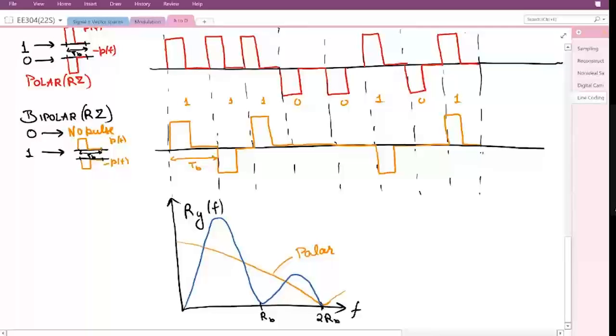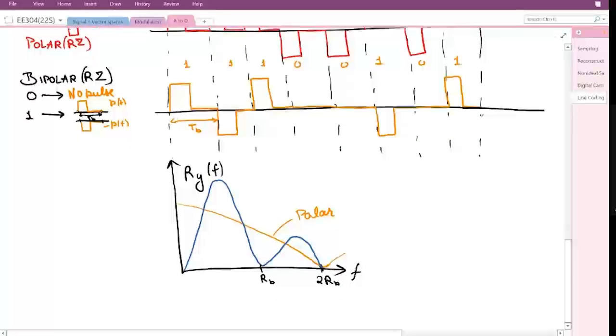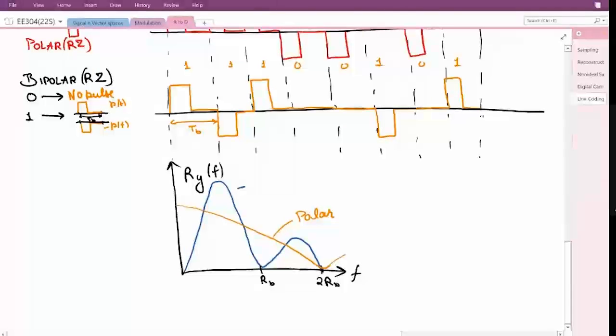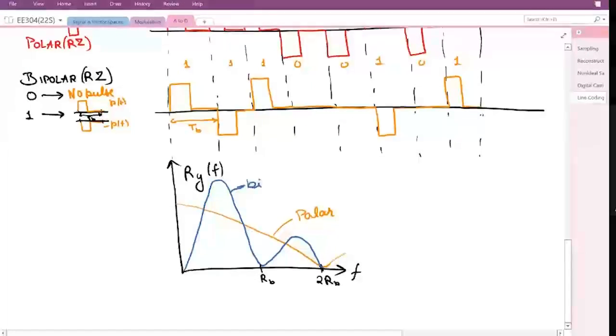So this is RB and this is 2RB. So this is bipolar. If we actually see, the bandwidth for bipolar is RB and for polar is 2RB.